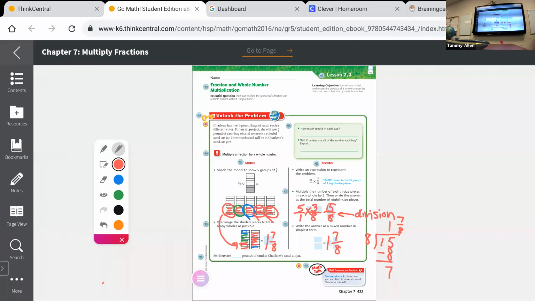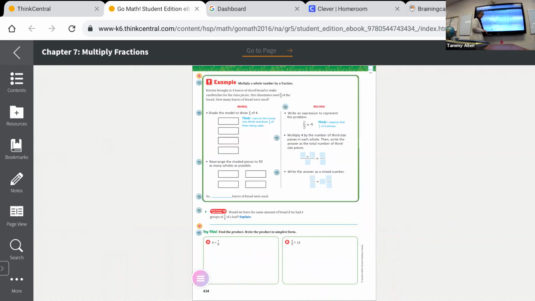So if you look on page 434, there's that 4 groups of 2/3. We have to shade in 2/3 of each of these, right?